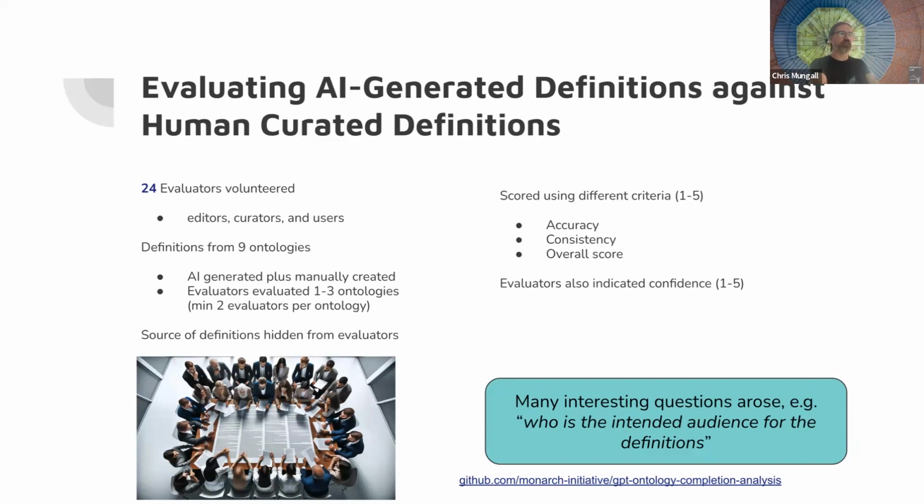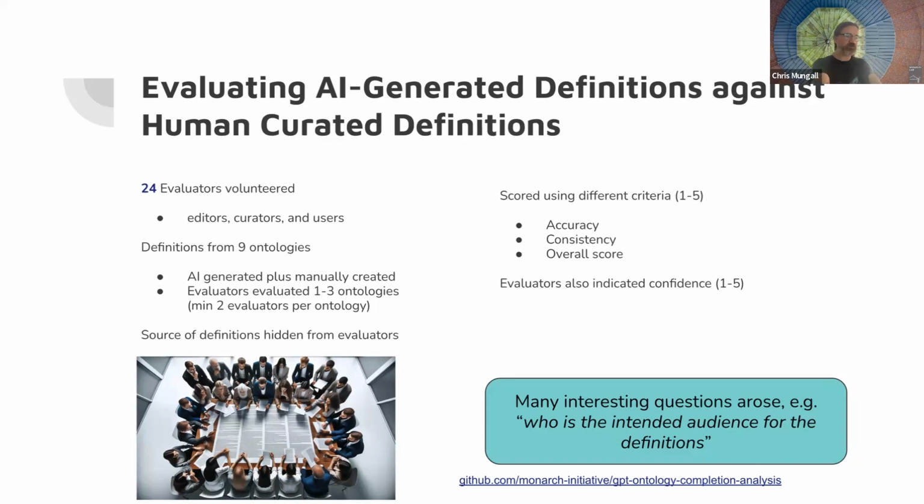I think the actual results here are, to me, incredibly fascinating as someone who's obsessed with ontology definitions. And I think there's a whole analysis that needs to be done on what are the forms of the definitions we write for ontologies? Who's the intended audience? What makes a good definition? What makes a bad definition?